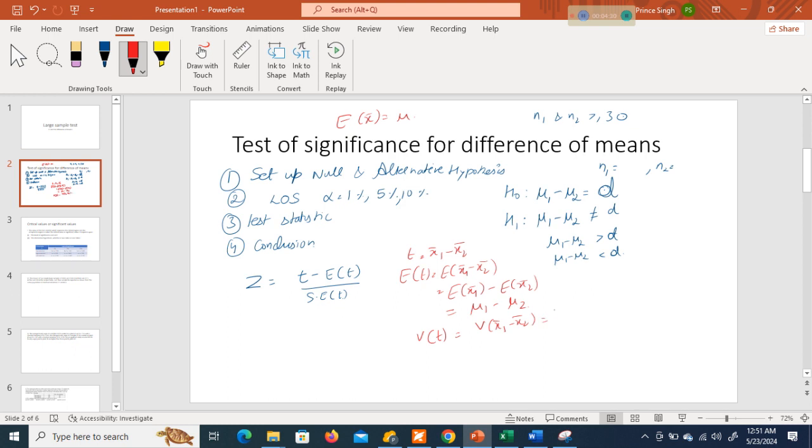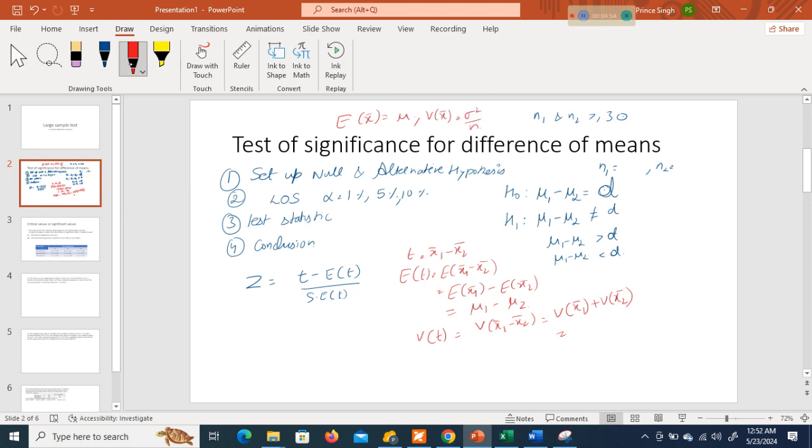Because we are assuming simple random sampling, in which all the random sample observations are independent, we have the formula: variance of x1 bar plus variance of x2 bar, and we know that variance of x bar is equal to sigma square upon n.